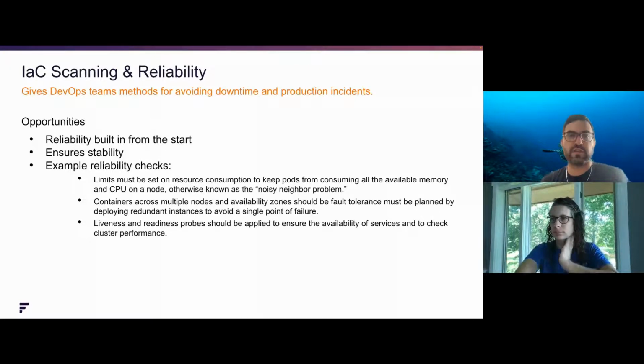Looking at a few example checks here: reliability checks, limits on resources to make sure you don't have noisy neighbor problems, or making sure you have a set amount of resources that this workload should consume. Another very popular one is setting rules like anti-affinity to make sure different pods run on different nodes, which helps for fault tolerant situations, and planning out those best practices that make sense for your application or your organization.